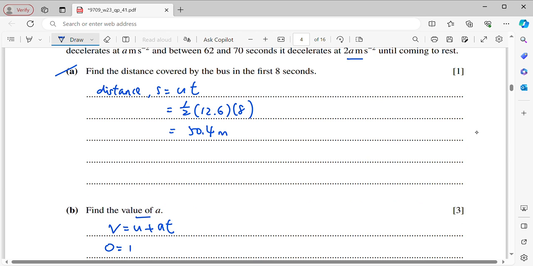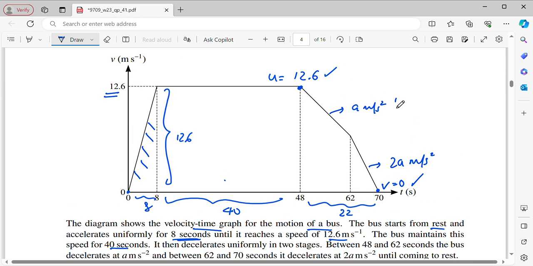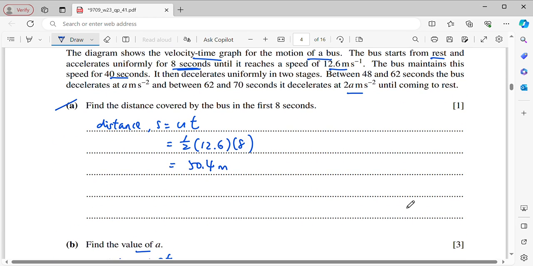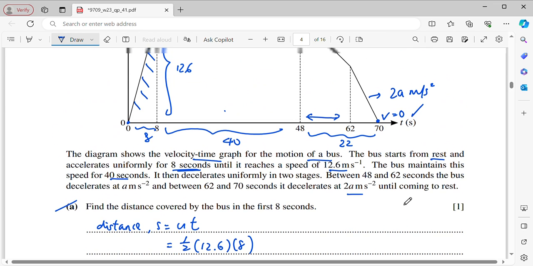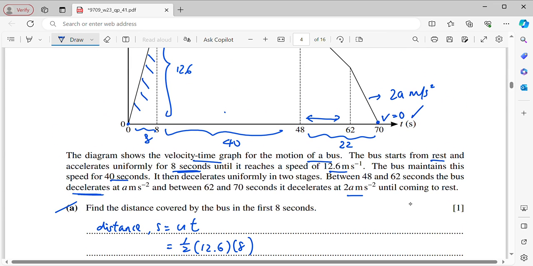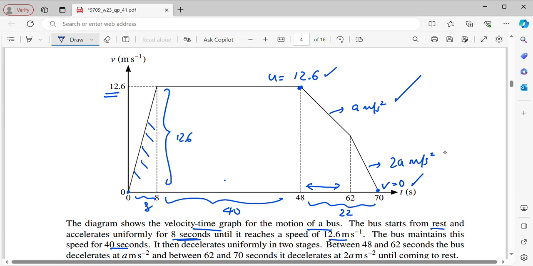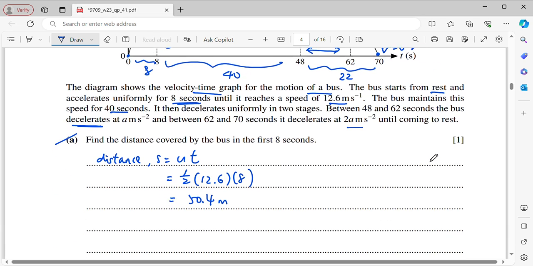So 0 equals 12.6 plus, now the a remains, but the time t is 62 minus 48. One more thing, you have to be careful because it's mentioned decelerates. That means here it is actually negative. That's why when you look at the gradients here, the acceleration is negative a and negative 2a.